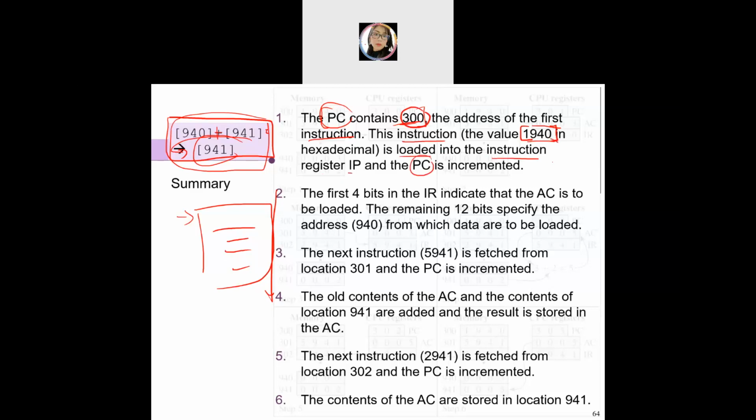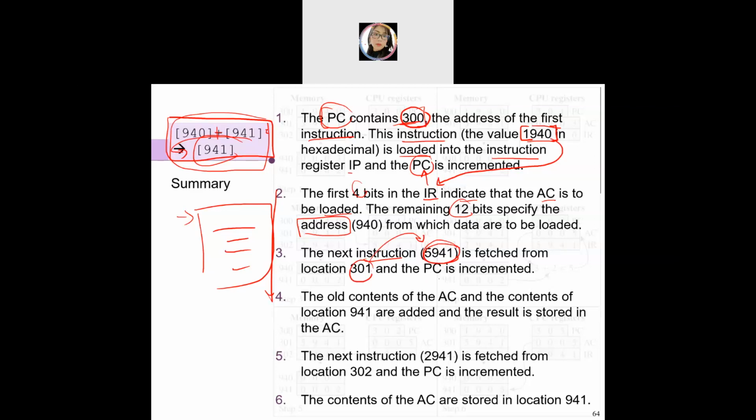So where you're going to put it, you're going to put it to your IR. So the first 4 bits in IR indicate that AC is to be loaded. The remaining 12 bits, you're going to find in the addresses. The next instruction will be, because your PC will be increased, 301, and you look into the data, you're going to have this value.